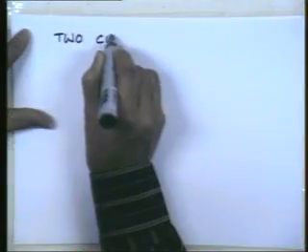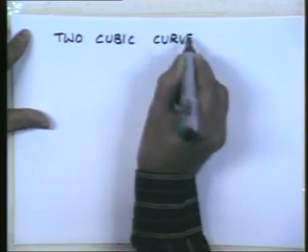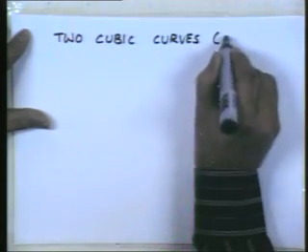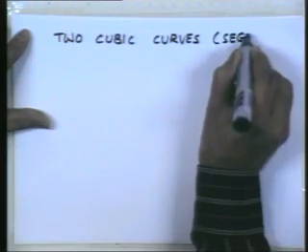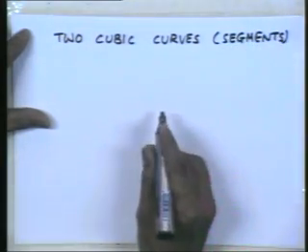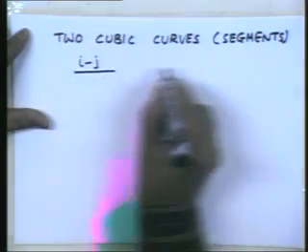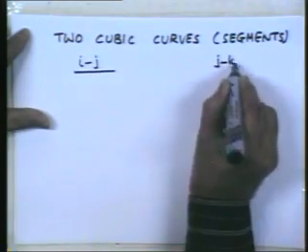So first of all we are talking about 2 cubic curves or segments. Okay, 2 cubic segments to be fit between I and K. So Ij is one segment and Jk is another segment.